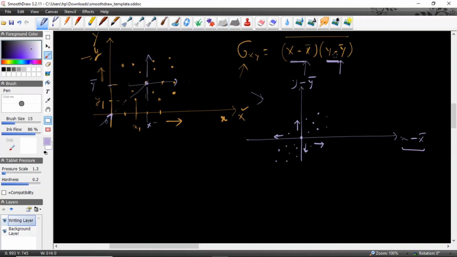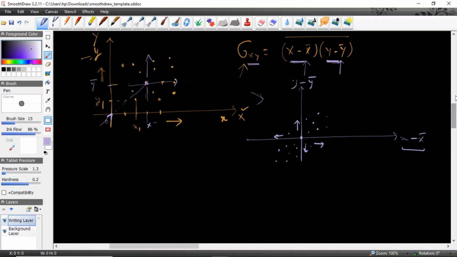And if you find this product, if this is positive, this is positive. If this is negative, this is negative. It means in both cases this product is going to be a positive quantity, and if you find its average value, it is going to be a positive value. So if the covariance of the two random variables is a large positive value, you can say that these two random variables are correlated, or they have a positive correlation.